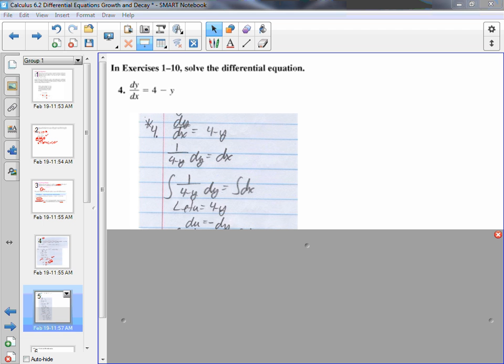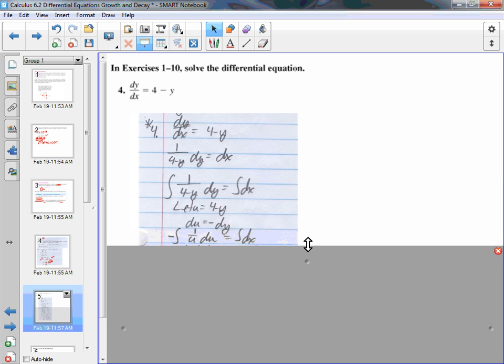Do I need a substitution on the other side? No, I'm good. All right, so let's rewrite then. Replace the 4 minus y with u. Replace dy with negative du. And we're good on each side now, aren't we?